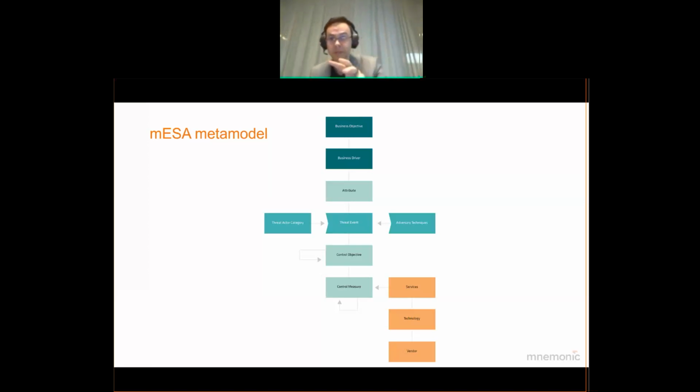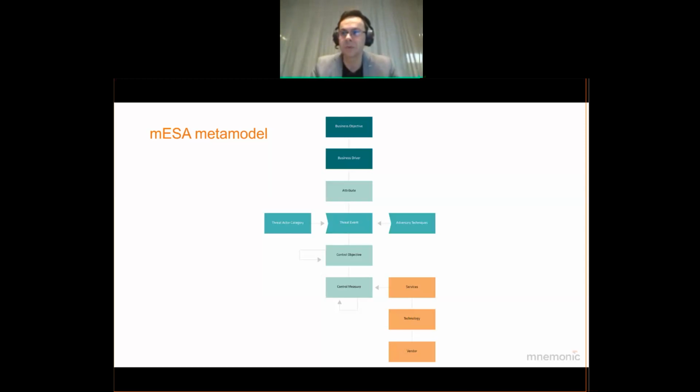When you have defined your business drivers, the way that you enable the business, to continue this traceability, to continue this abstraction to the next level, to connect business to security, we define attributes. The attributes concept is a way to explain what a business driver for security means in our context.